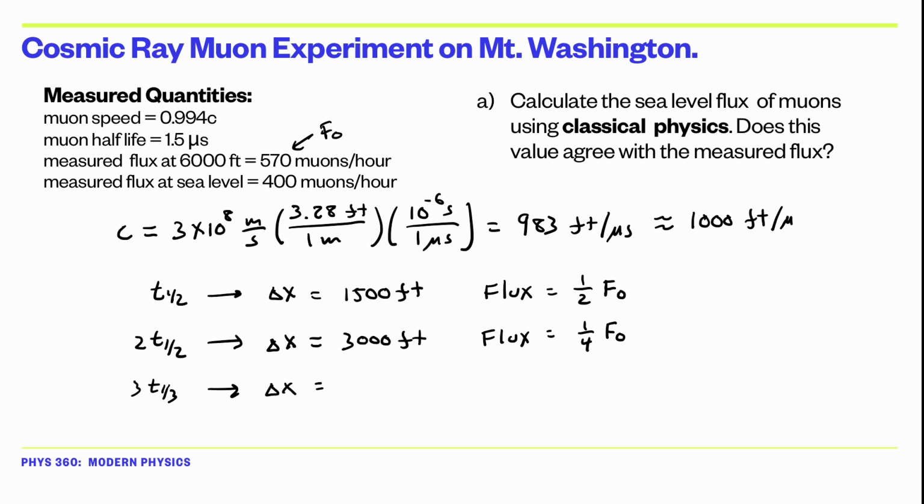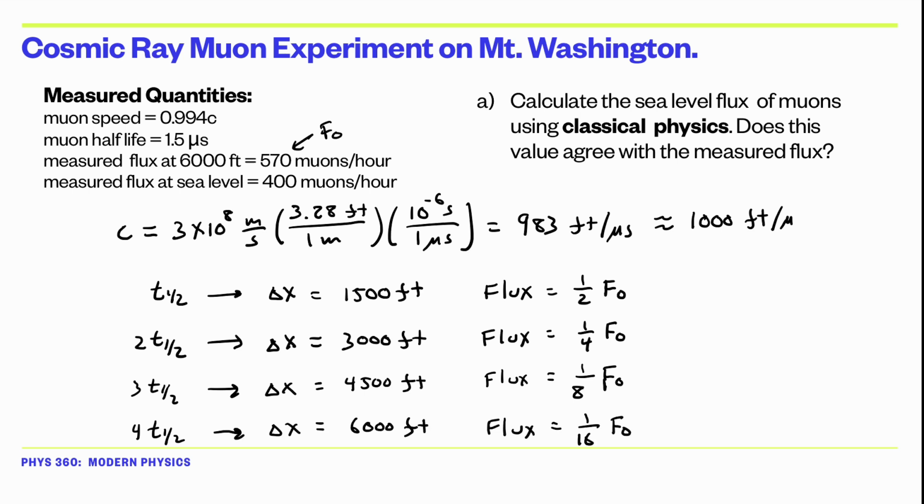Waiting 3 half-lives, the muons will have fallen 4,500 feet, giving a flux of 1/8 of the original value. And after 4 half-lives, the muons will have fallen 6,000 feet, meaning they will have reached sea level and the flux will be 1/16 of the initial value.